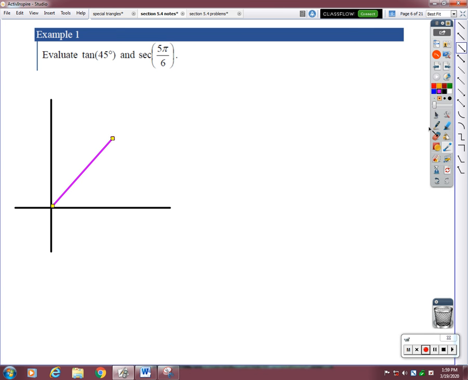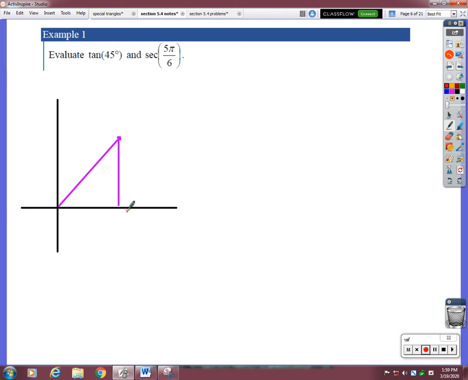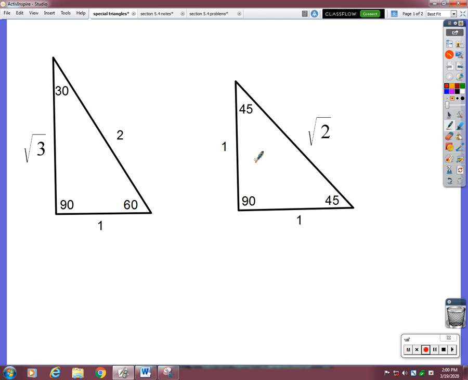And if I do as my teacher told me and draw my reference triangle always to the x-axis, then I will have myself a good old-fashioned 45-45-90.